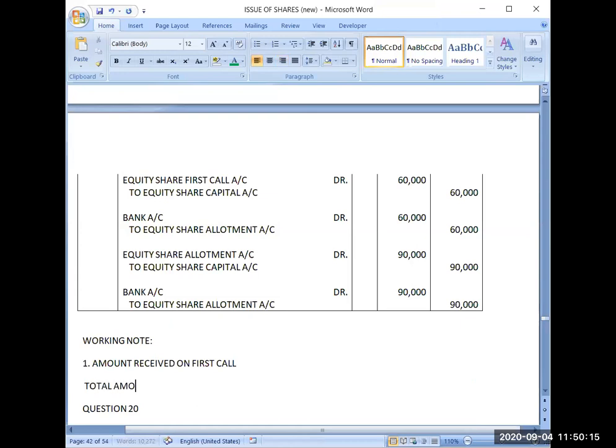Total amount due is equal to rupees 60,000, less calls in arrear.